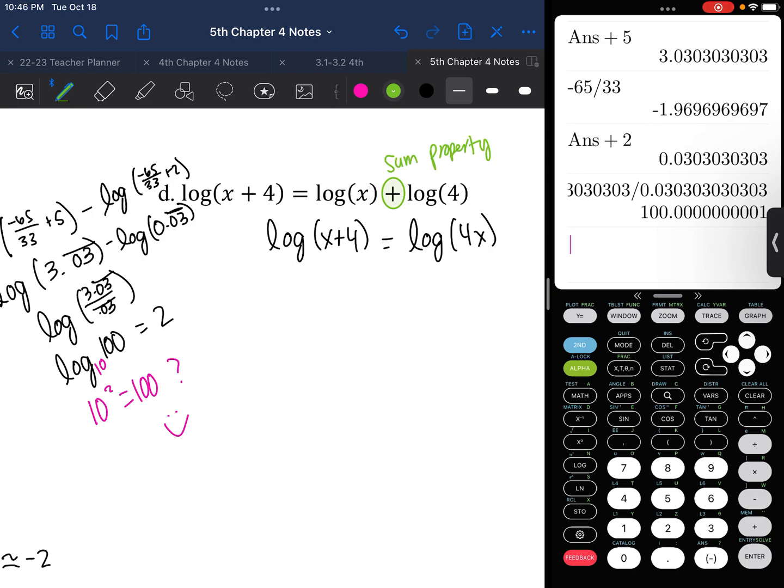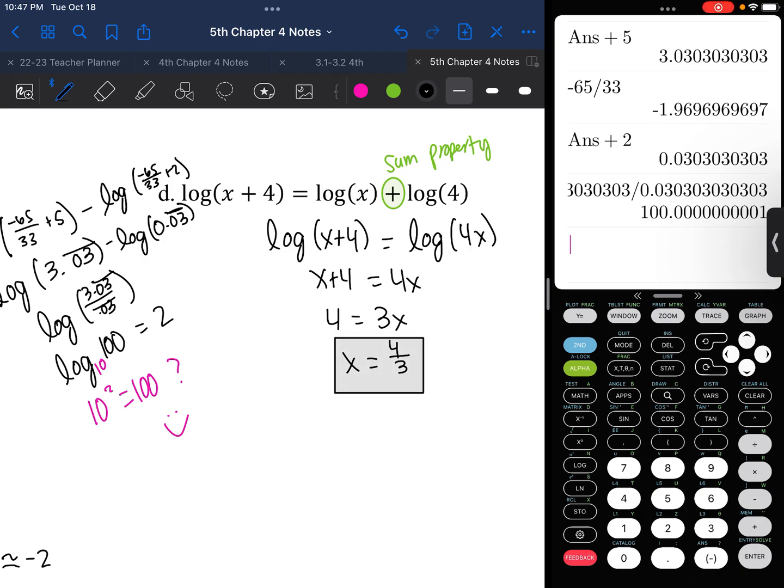So the first thing I'm going to look at here, once I have this, is that this and this have to be equal. They both are inside of the same log with the same base. So x plus 4 has to equal 4x, which means that 4 has to equal 3x, which means that x has to equal 4/3. And that one really is that simple.